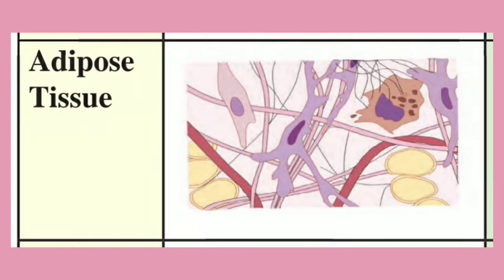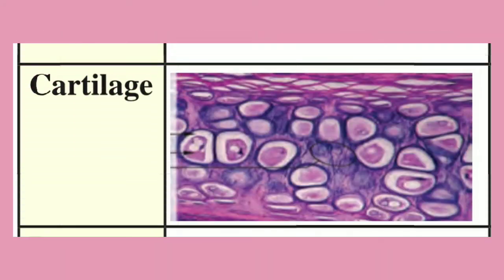Next we have adipose tissue. They are present below the skin and around internal organs. These are the cells filled with fat droplets, jelly-like ground substance, and the function is insulation, supply of energy, and storage of fats. Next we have cartilage.